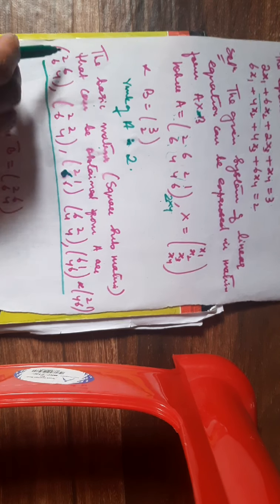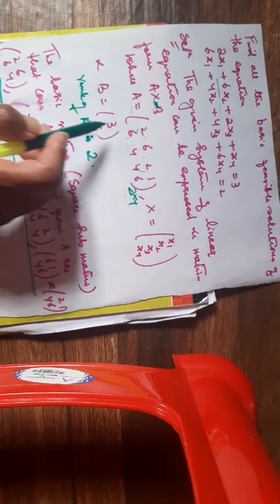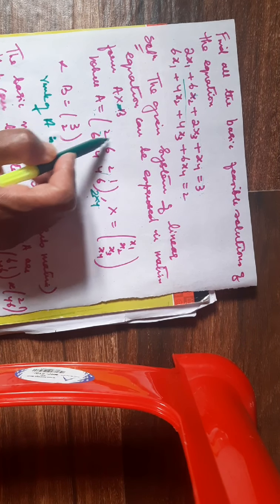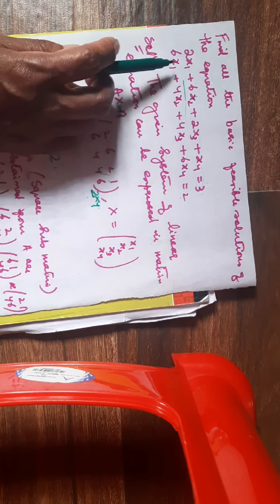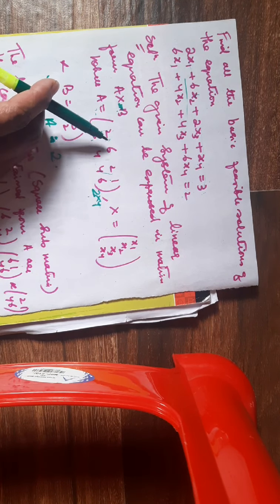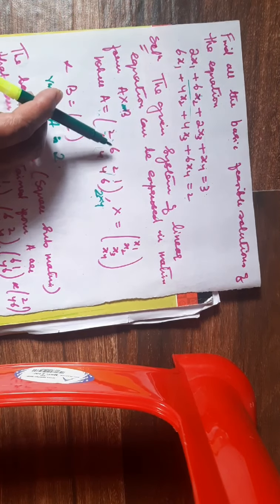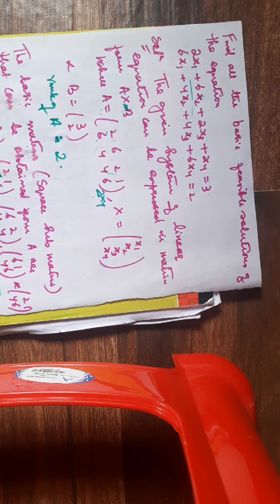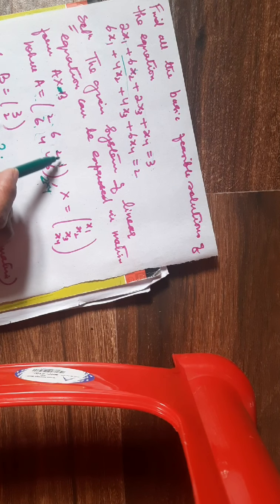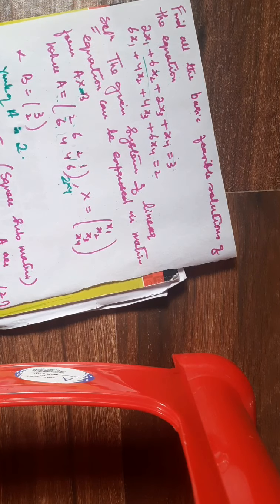We obtained B bar by taking only the first and the second columns. That means x1 and x2 are the variables associated with the matrix B bar, and x3 and x4 are the variables not associated with the basic matrix.